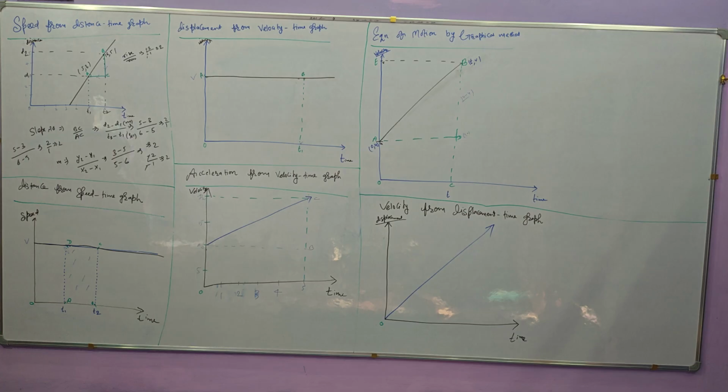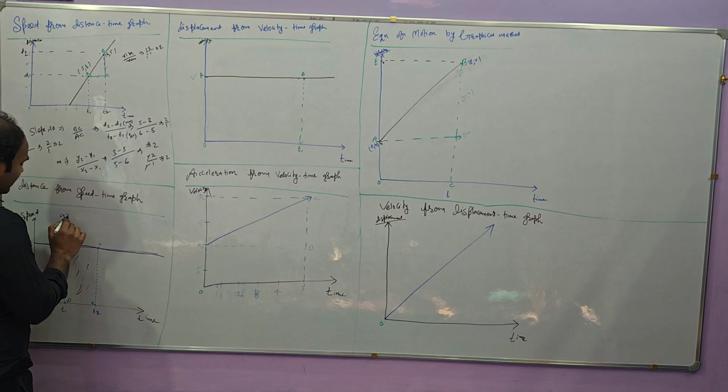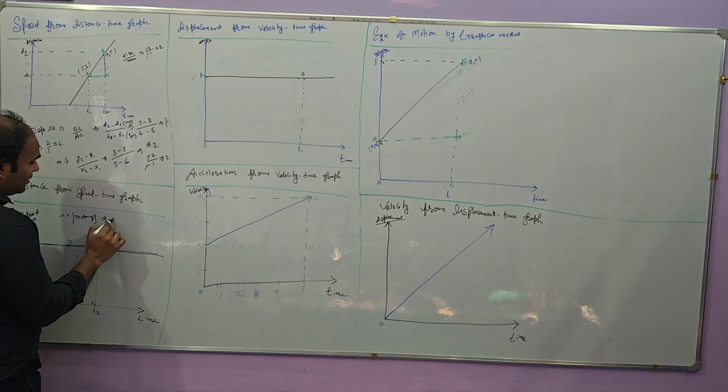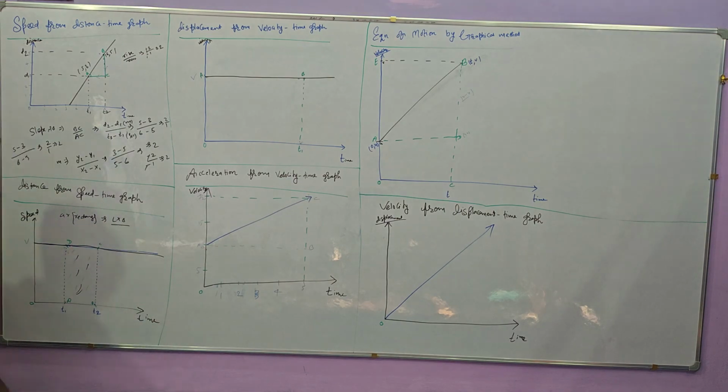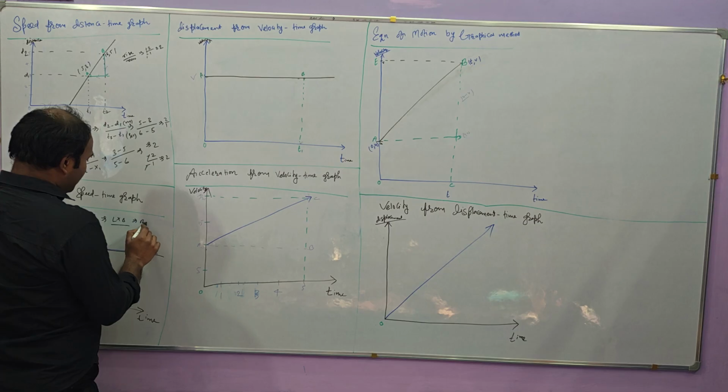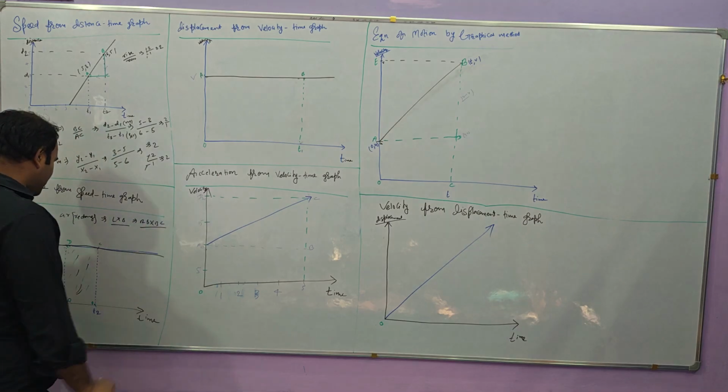So when we draw a perpendicular line on the x-axis, we get an area, that is this. We have basically a rectangle ABCD, and we know area of rectangle is equal to L into B, that means AB into BC.